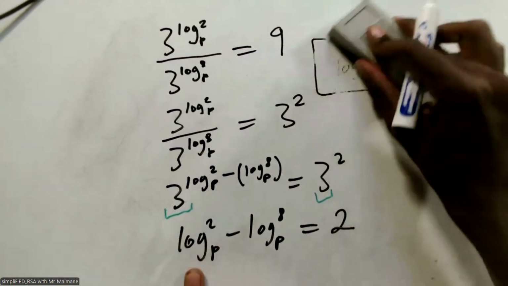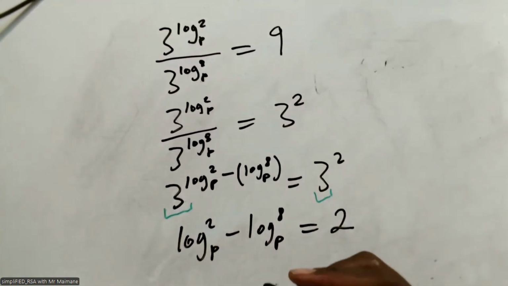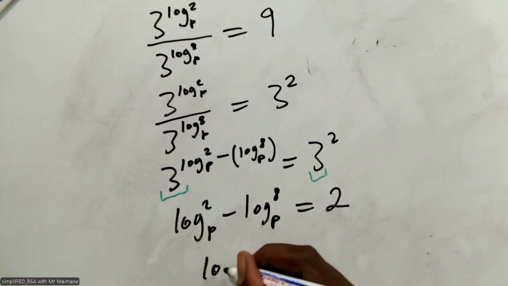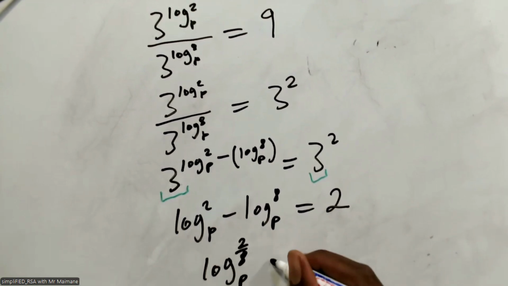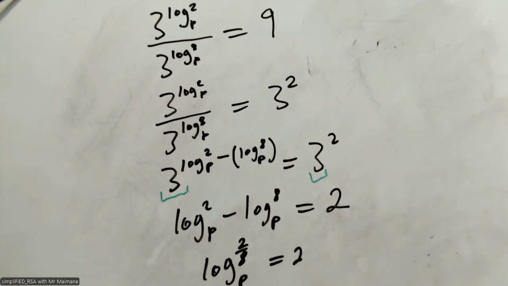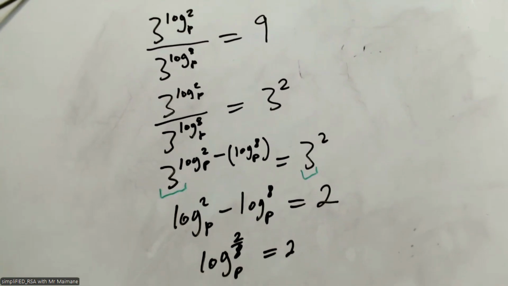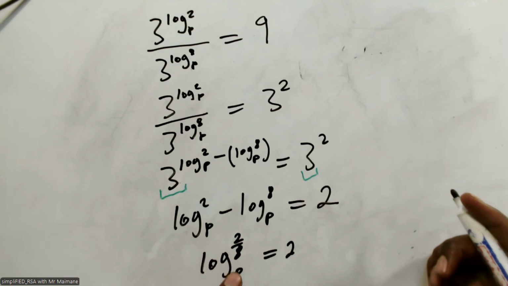If I apply that rule, I will have log of 2 over 8, base p, should be equal to 2. You see now where it's going. We are getting closer to our answer.